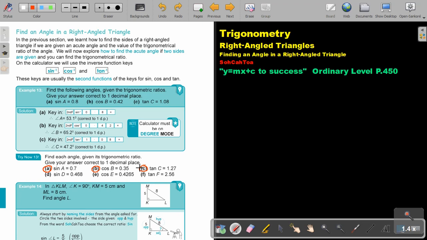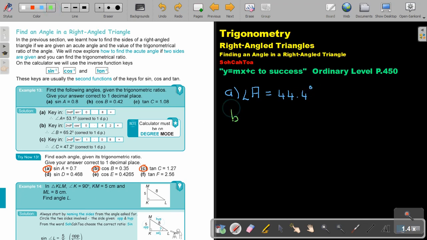So let's start. So in this case, I'm just going to write it. So you're just going to press shift sin 0.7 equals, and then don't forget, it's the angle A. Don't say just equal, it's angle A. That's in one decimal place, 44.4 degrees.